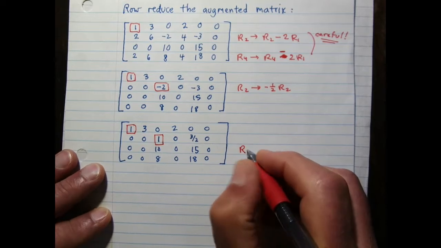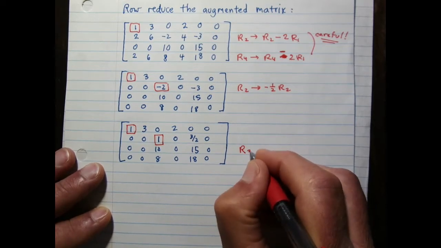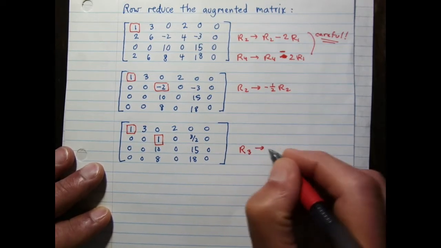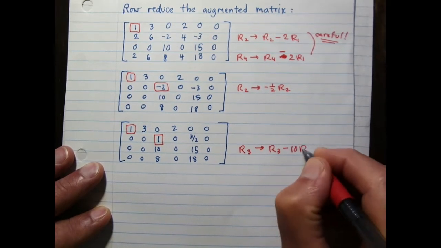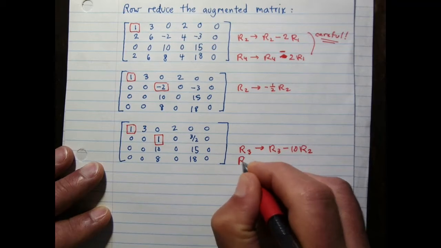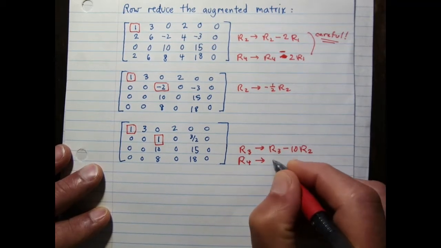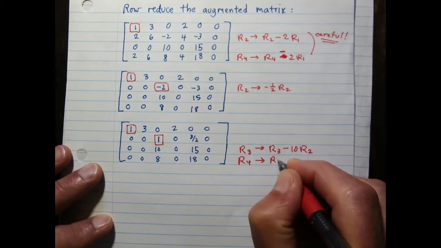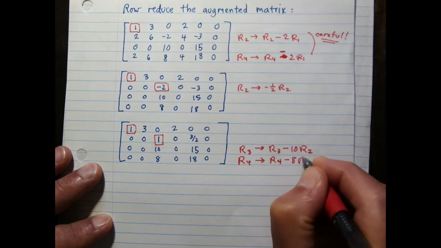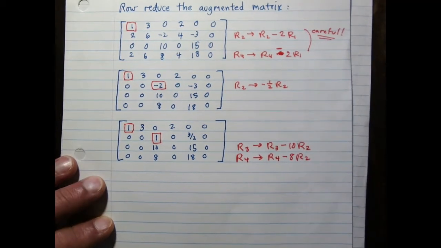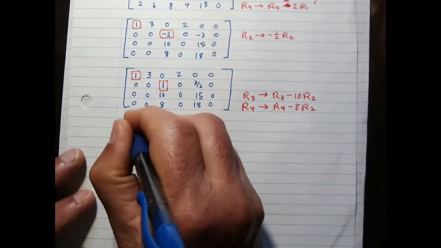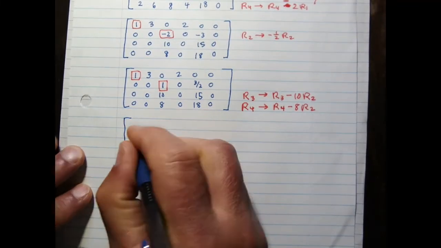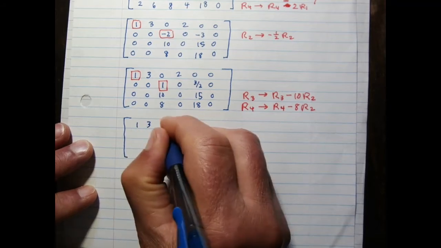So I'm going to take row 3 and replace it with row 3 minus 10 times row 2. And row 4 I'm going to replace with row 4 minus 8 times row 2. Once again, I know the result will come out the same if I did those operations separately, so it's safe to do them at the same time.